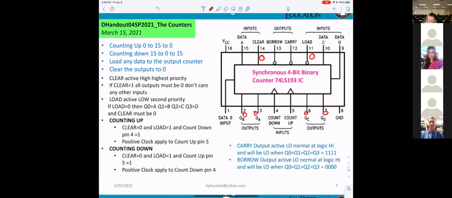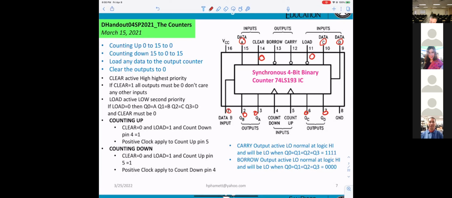So now you get the data inputs A, B, C, D. Data A, where is B? What pin is B? You get C here, D here, A here, and B right here.